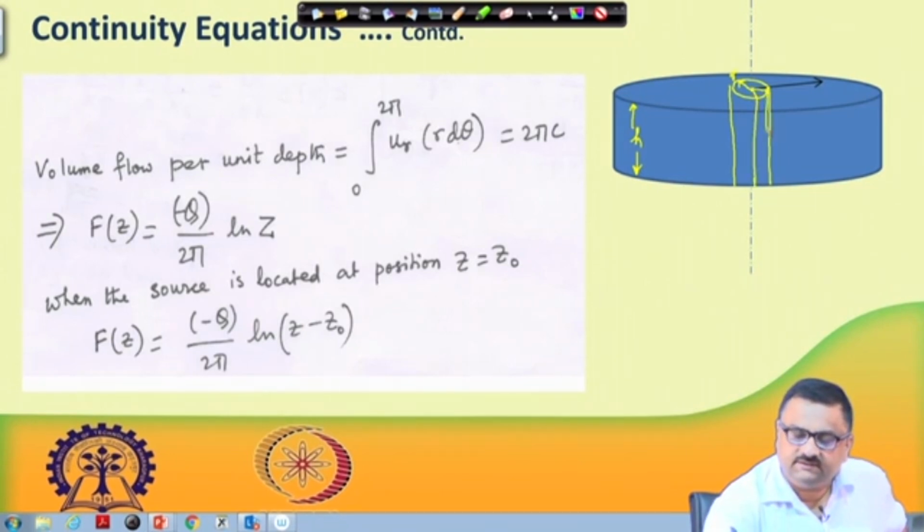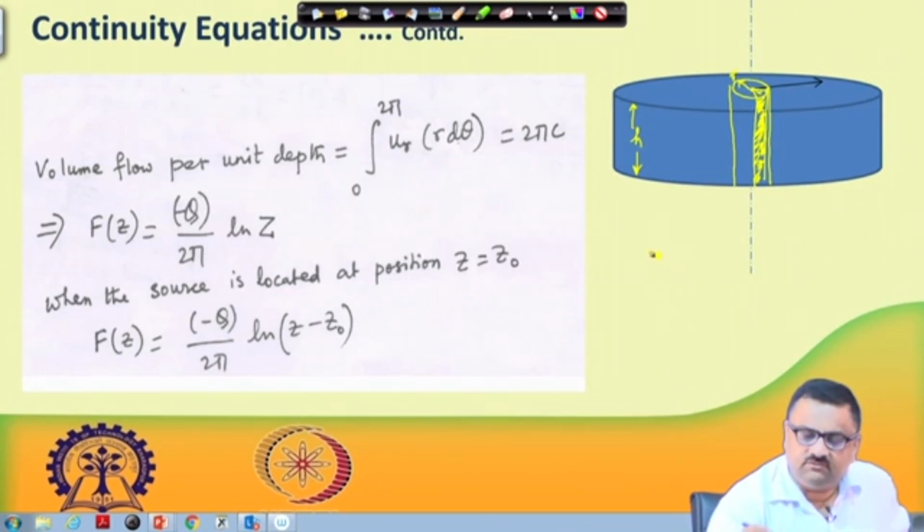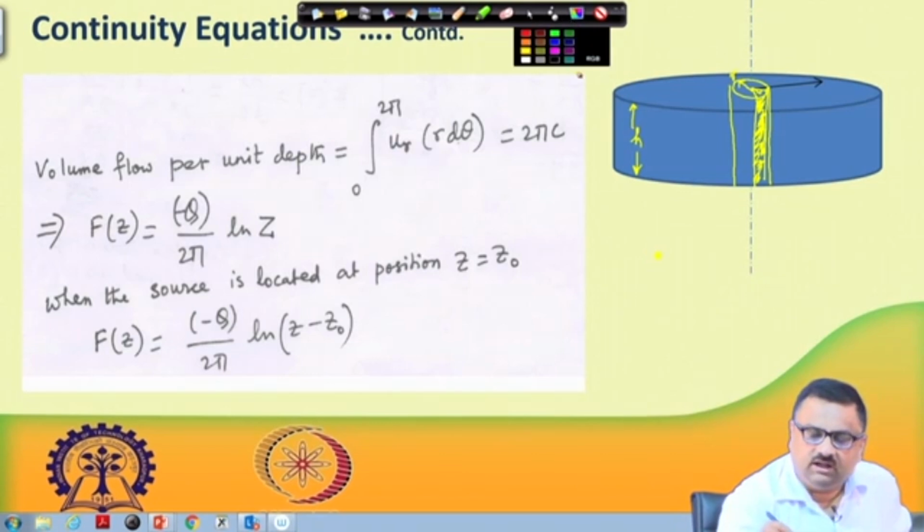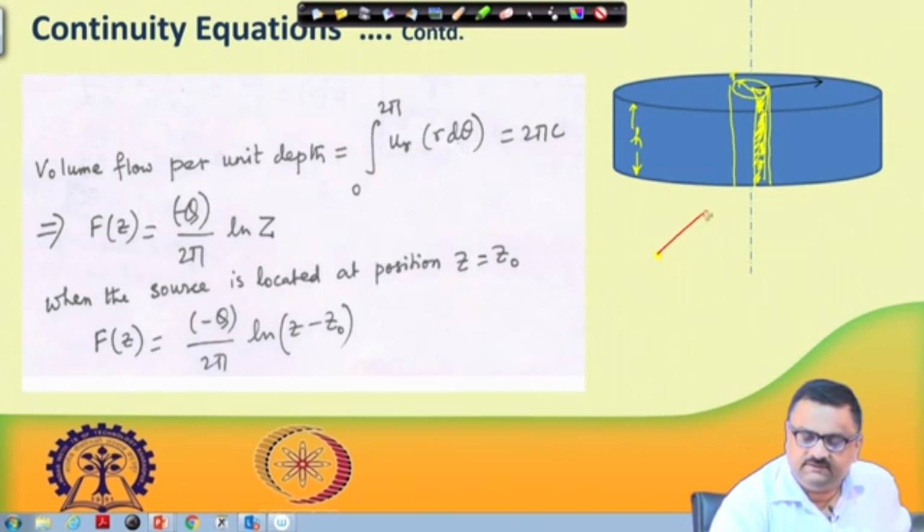That slice has a height h, and all these V r are coming out through it. Let us say this is the source, and this is the V r, which makes an angle theta.